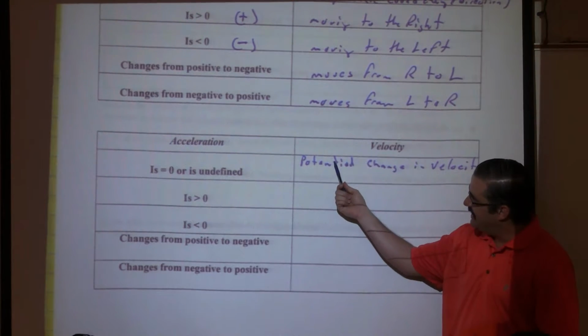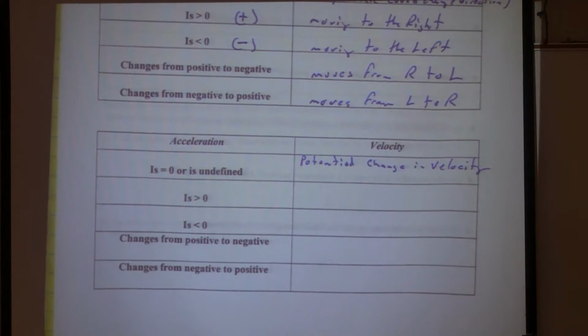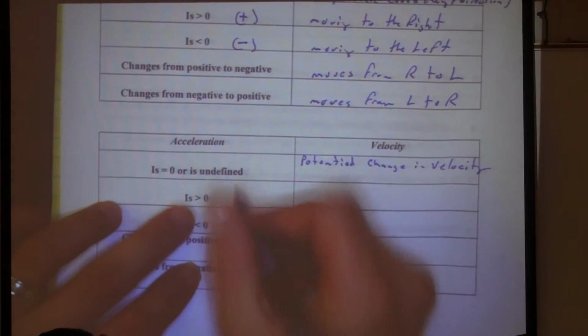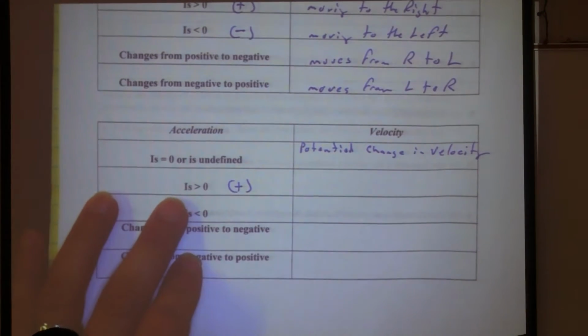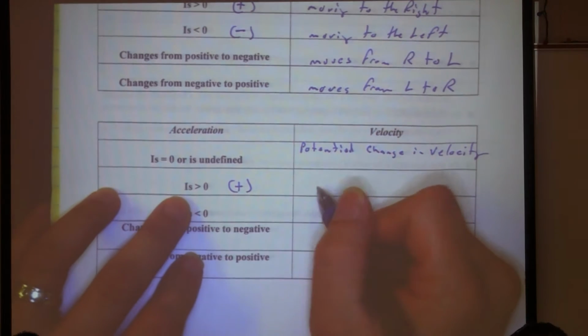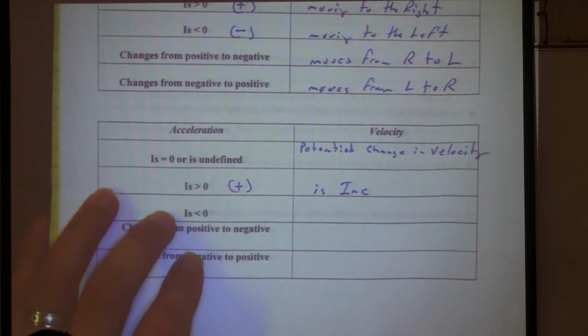Now you tell me. At that moment, the acceleration will be 0, because you're not accelerating anymore. Going in the opposite direction. Potential change in velocity. Good. Literally like your car died. If acceleration is positive, what does that mean about velocity? Velocity is increasing, so this one we'll just say like that.